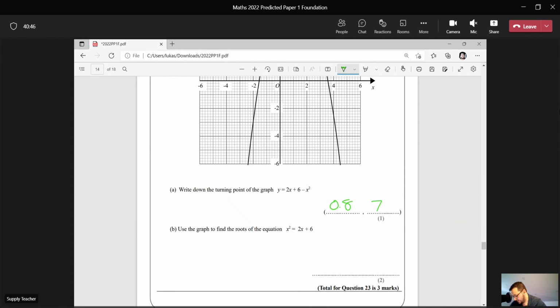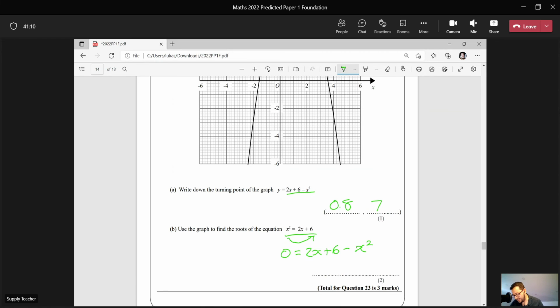B says, use the graph to find the roots of the equation x squared equals 2x plus 6. Well, this is very similar to this. Now if we take this x squared onto this side, we're going to get 0 equals 2x plus 6 minus x squared.